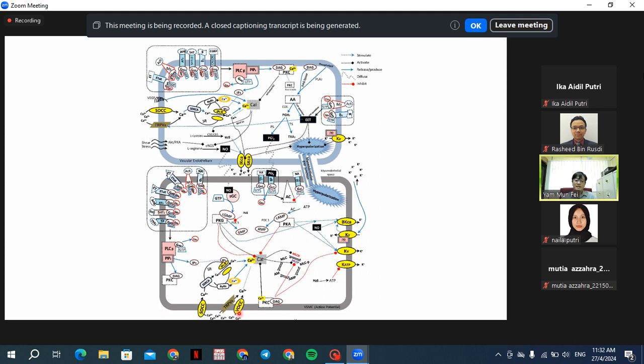SOCC is related to SERCA, but so far it's difficult to study SOCC and SERCA because the involvement is not direct, so it's very difficult. Normally what we can do is study VOCC and IP3R for calcium channels.